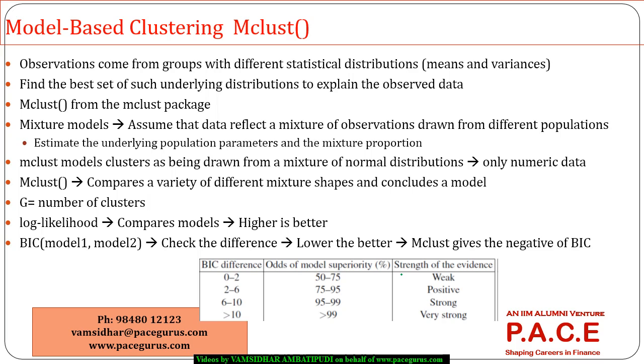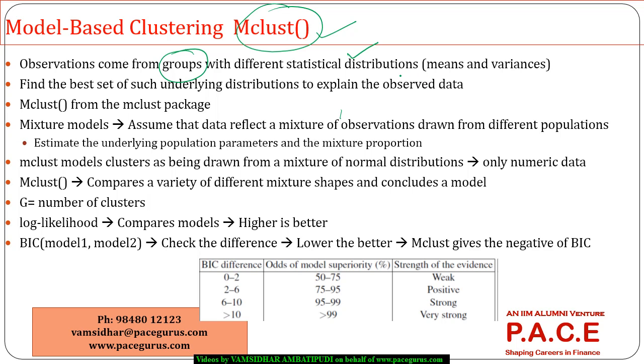Then once we are done with the distance based clustering methods, now we are slowly moving towards the model based clustering, where we are looking at the Mclust algorithm. As we have already discussed earlier, these algorithms make an assumption that all the data come from different groups and each of the groups has a different statistical distribution.